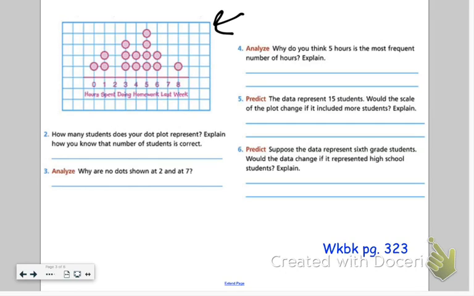So in this case, we must be talking about 15 students because there are 15 numbers in this set.